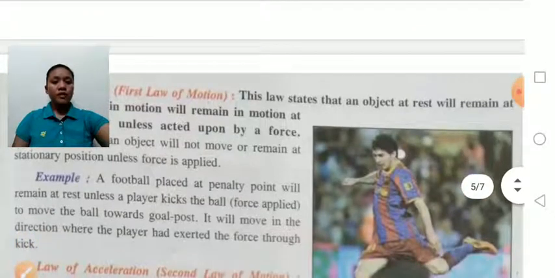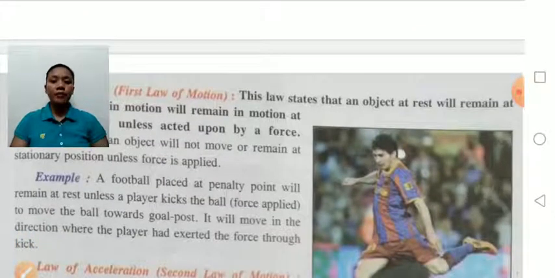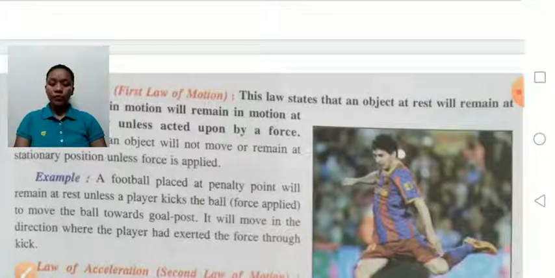For example, a football at a penalty point will remain at rest unless a player kicks the ball. Or if the ball is moving, it will continue to move unless an external force is applied on the ball to stop it.